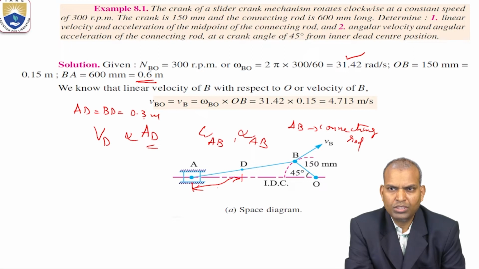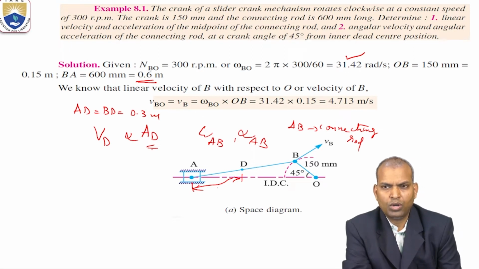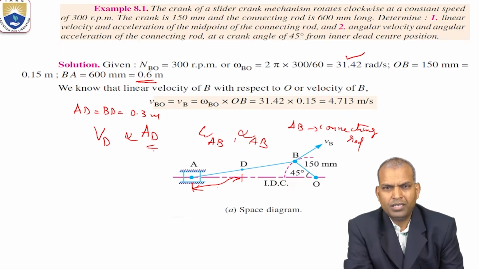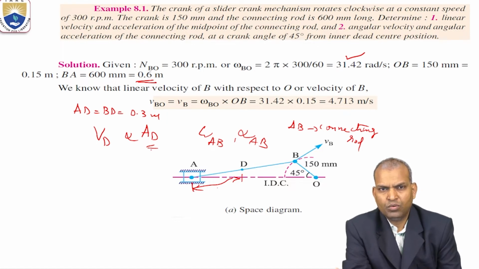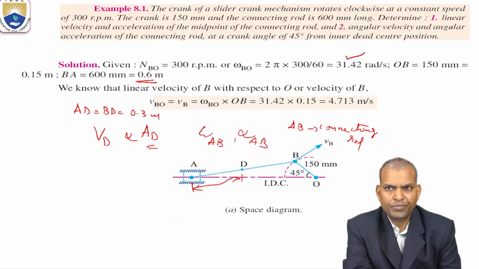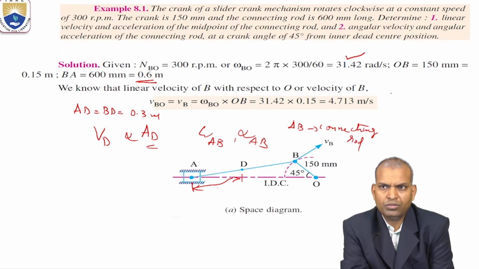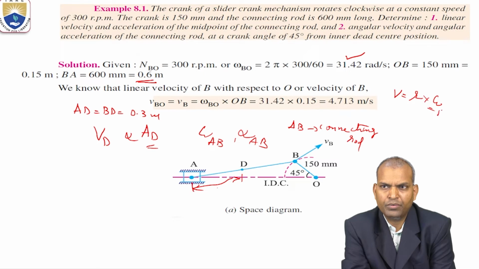Now we know the linear velocity of B with respect to O, with respect to the fixed link. That means it is the absolute velocity, that is, velocity of B. The velocity of B equals VBO. We know linear velocity equals r times omega, where r is the length of the link BO, that is OB times omega BO.